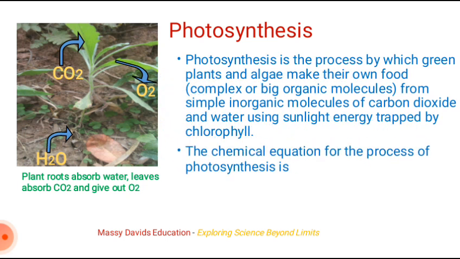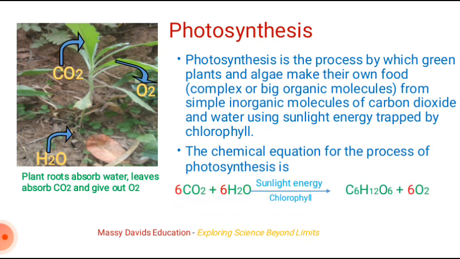So what is the chemical equation for the process of photosynthesis now? So we have 6 molecules of carbon dioxide, which we add to 6 molecules of water. This is in place of sunlight energy, which is trapped by chlorophyll. Then we form 1 molecule of glucose, and we also form 6 molecules of oxygen as a byproduct.